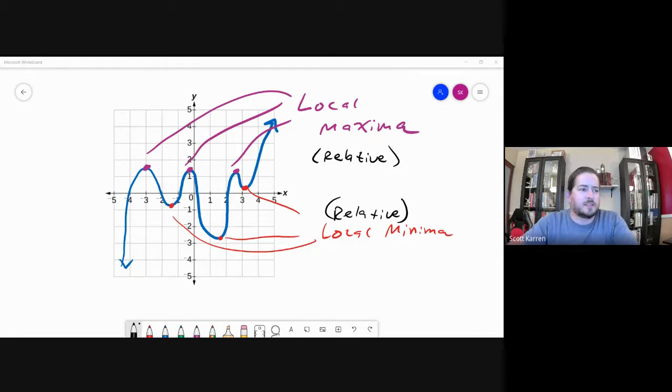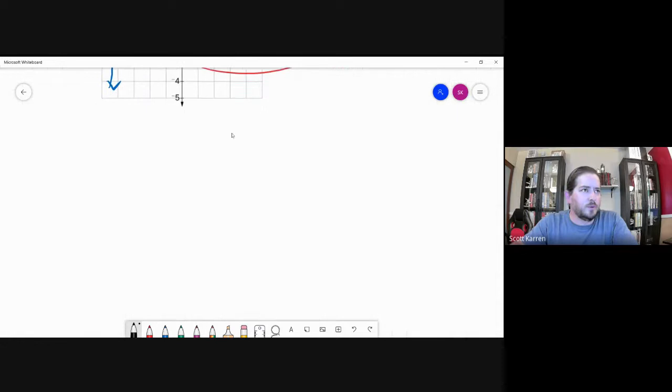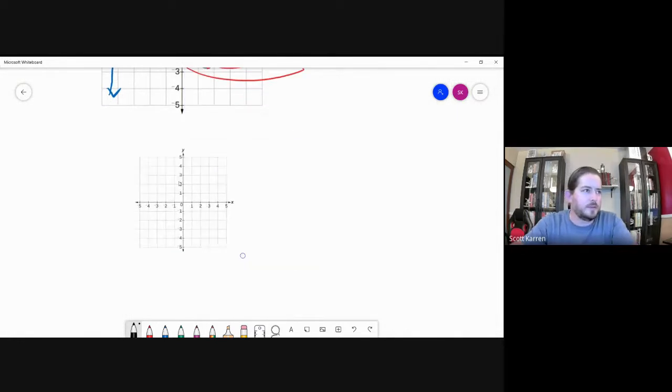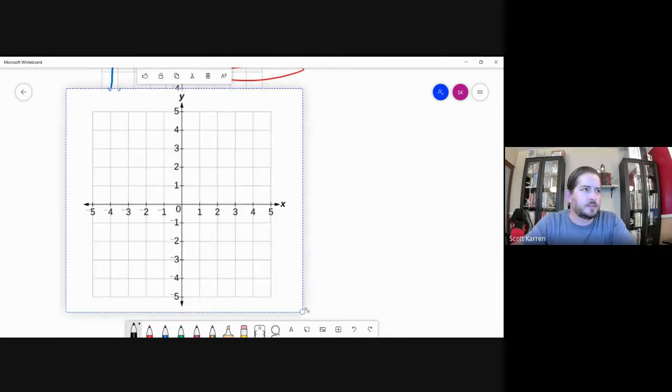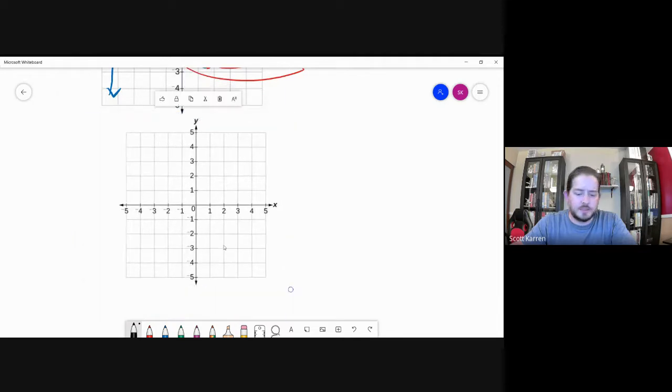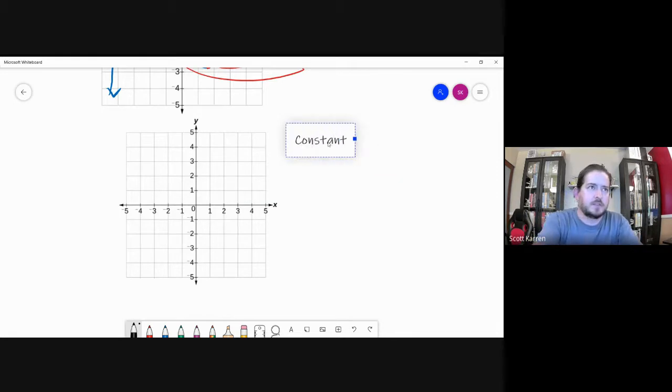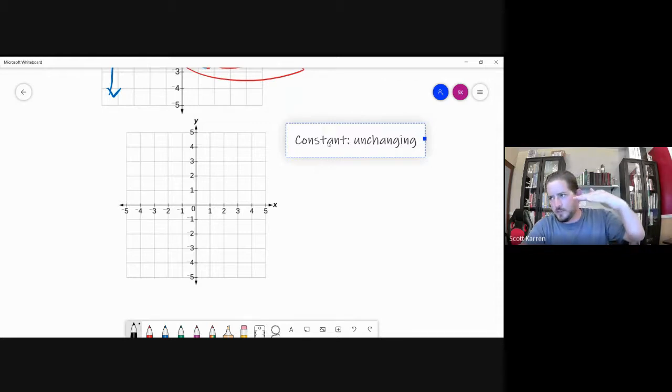The last kind of movement that we might have in a graph like this that we would describe is constant. Constant means exactly what it says, unchanging. So as I read this from left to right, if I don't go up and I don't go down, I'm just steady, that's constant, right?